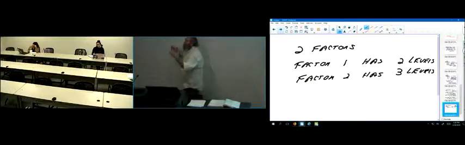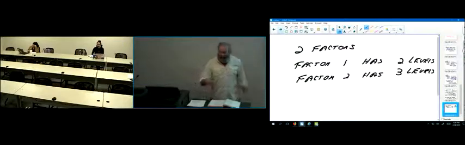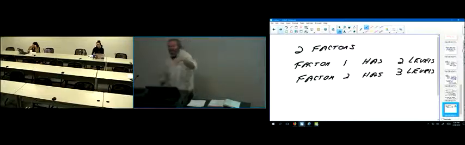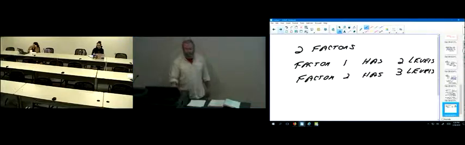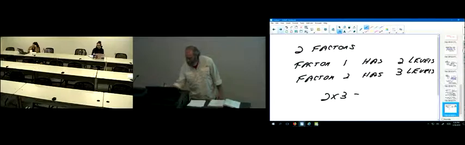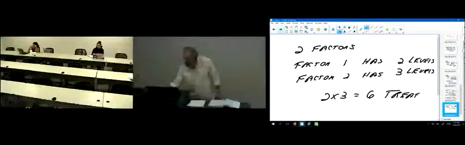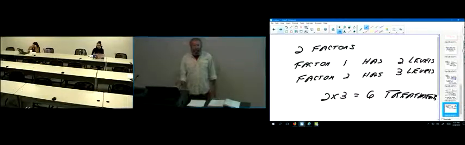Right, so I've got these 2 explanatory variables, these 2 factors, and one of them has 2 different levels I want to test at, and the other one has 3 different levels I want to test at, and I want to look at all possible combinations of the levels of these 2 factors. How many treatments do I need to have? You're going to need 6.